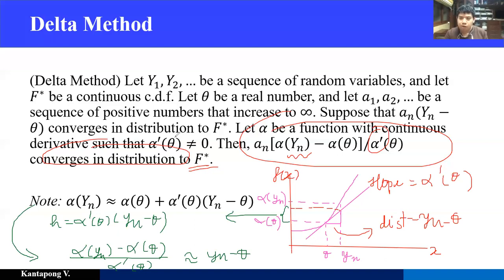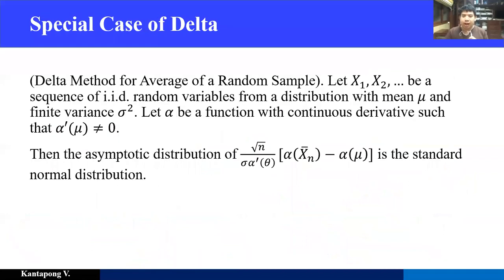If we know this distribution, we can approximate this distribution using that distribution also. That's the intuition behind the delta method, and this is the special case of data. This is when we use it the most.